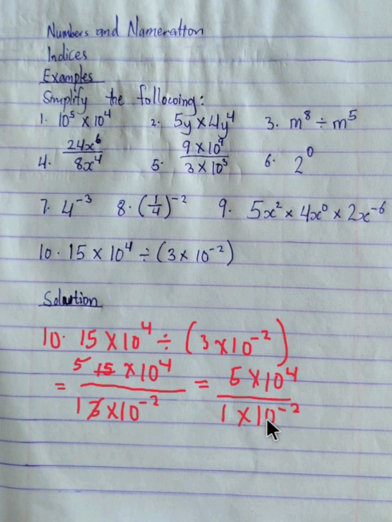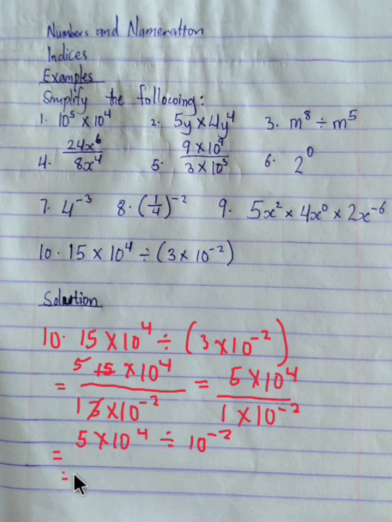10 raised to power 4 and 10 raised to power minus 2 are two indices with the same base. So we can write this as 5 times 10 raised to power 4 over 1 times 10 raised to power minus 2. When we want to divide two indices with the same base, what do we do? We are going to subtract their powers.